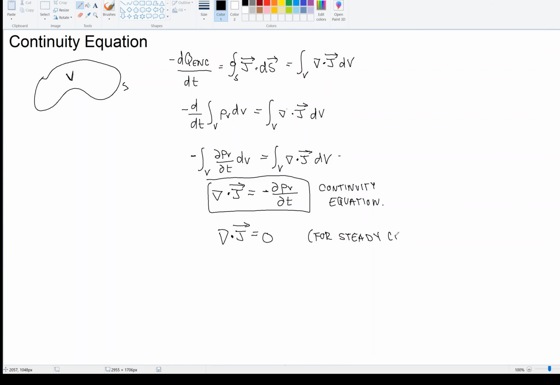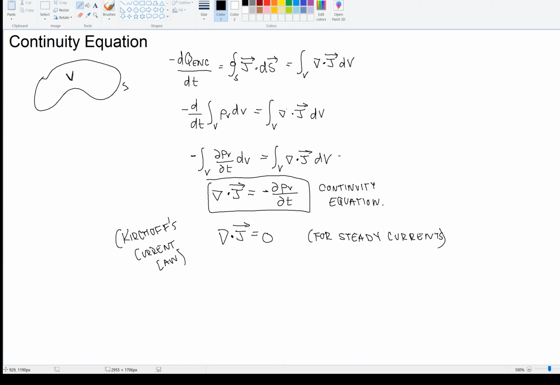And this is Kirchhoff's current law, which you would have studied in circuit analysis class, but it looks a little bit different. It says the sum of the currents going into a node is equal to the sum of the currents leaving the node.